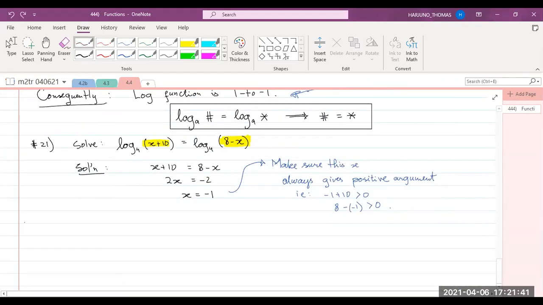Okay, number 23. We solve log base 2. I'm sorry, it's log base 3. Oh, no, I looked at the wrong question. Log base 5, not base 2. Log base 5 of x minus 2 equals log base 5 of 3x plus 7.